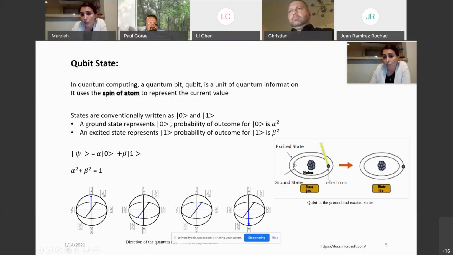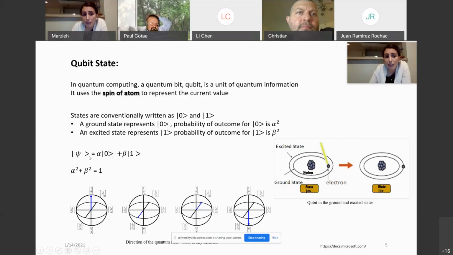In physics, when the electron is in the ground state, the spin can be in the 0 state, and when the electron is excited and goes to the excited state, the spin state can be 1. The probability of the outcome for the 0 state is alpha squared, and the probability for the state 1 is beta squared. Finally, the sum total, alpha squared plus beta squared, is 1.